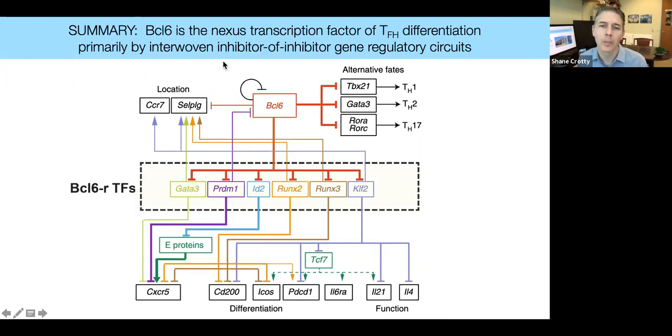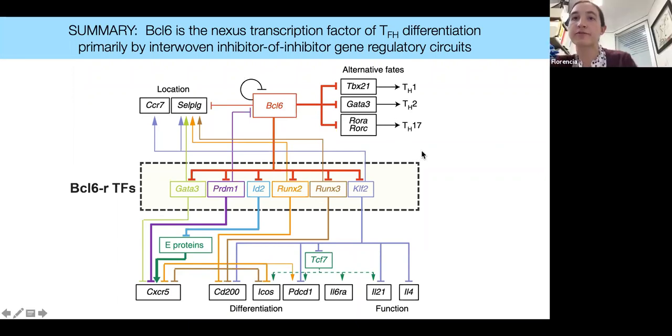And so it's that combination of the signals driving Bcl-6 expression during any given time window, combined with Bcl-6 autoregulation that gets you, I think, the amount of TFH differentiation you get and the stability or instability of the TFH differentiation, right? I think this helps explain why Bcl-6 is not retained going from GC-TFH to memory TFH.